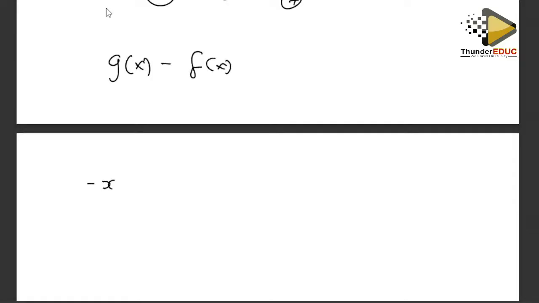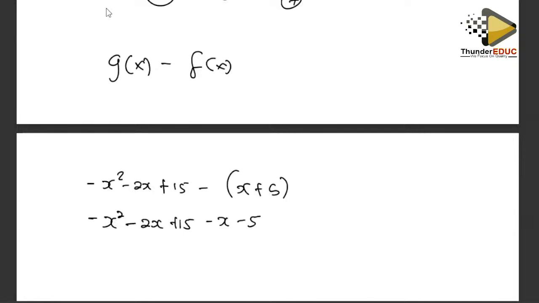The g is -x squared minus 2x plus 15. We are subtracting x plus 5. Okay, so it's -x squared minus 2x plus 15 minus x minus 5. Okay, so this represents any distance between the two graphs.